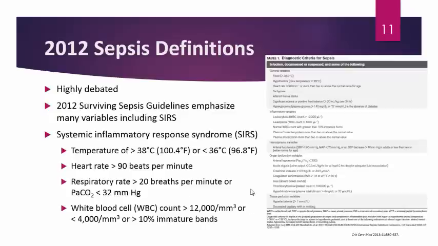Essentially, all these things are associated with an inflammatory response. Now, these things are some of the factors that are actually listed here in the diagnostic criteria for sepsis from the 2012 guidelines.